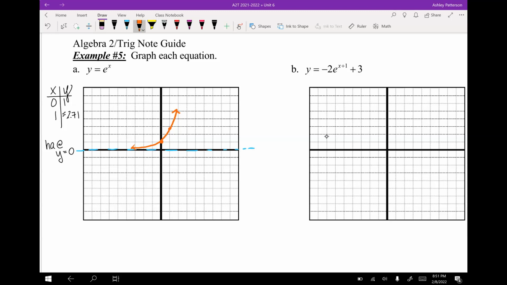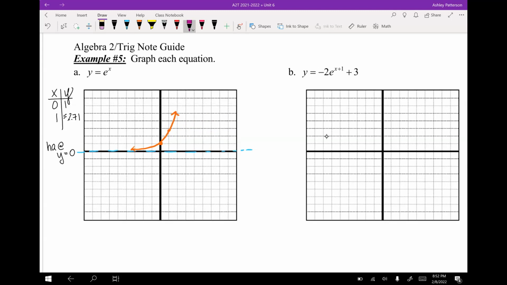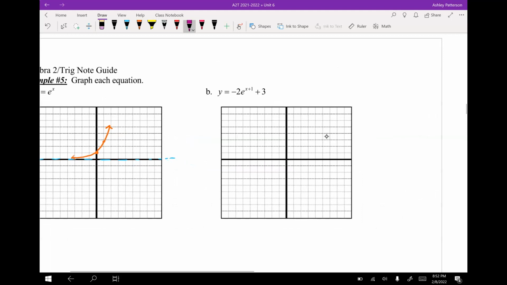Are we going to have to transform it? Of course we are. So take a look, please, over at the second example. Notice that we do have an A value. Our A value is -2, which is just -1 times 2. So that means that we have a vertical reflection.